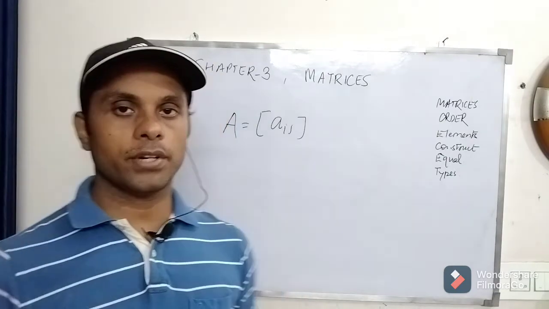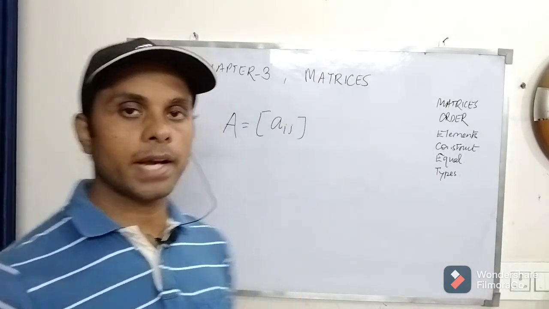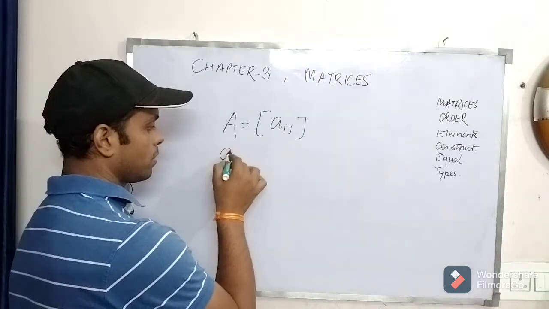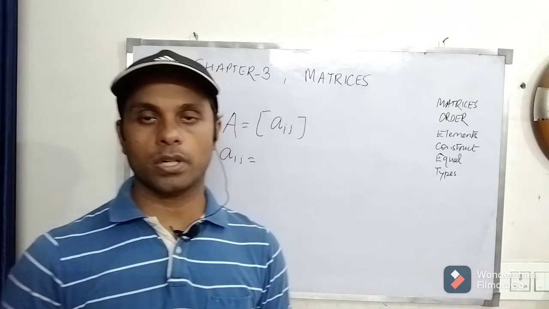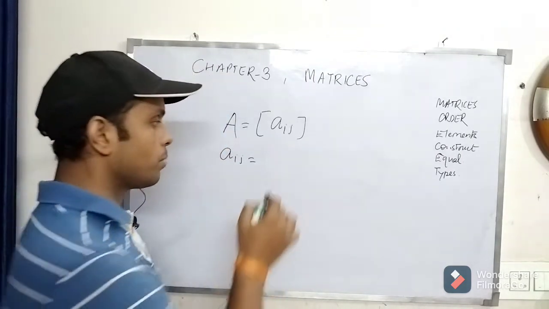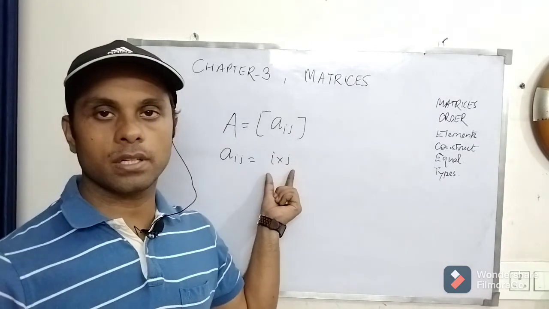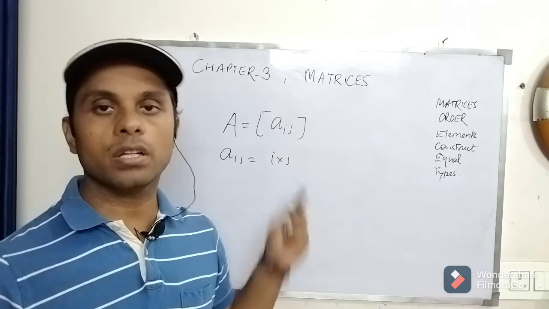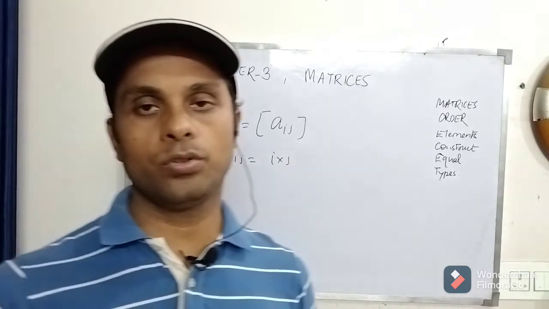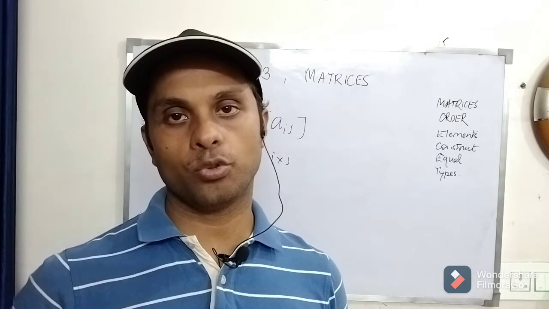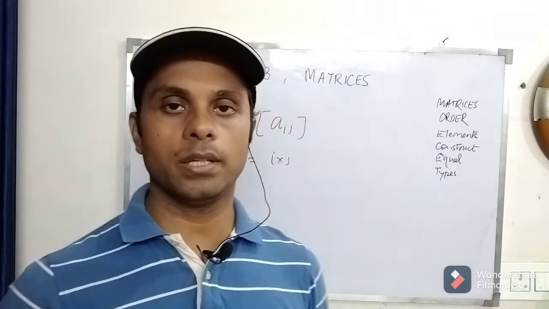Suppose you are given a matrix A with element Aij, and the element is defined as Aij equals i into j. Suppose this is the definition of the element given for all the elements, and construct a matrix of order 2 by 2. Order 2 by 2 means there should be 2 rows and 2 columns in the matrix.